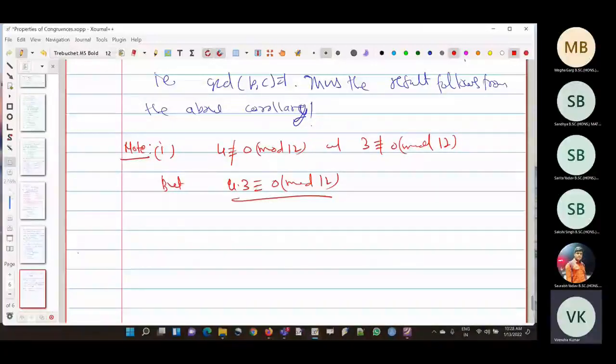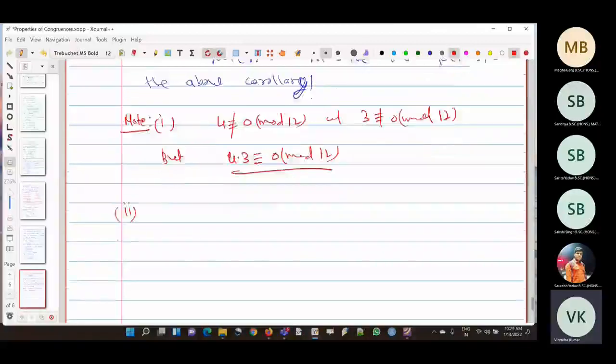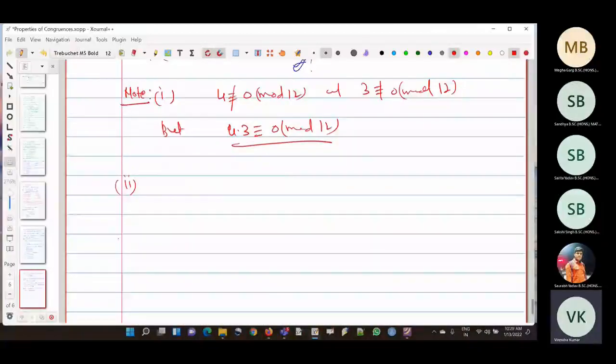And the second one, you have learned in integral domains, where zero divisors come up, in the third semester. So there you have learned the concept of zero divisors.